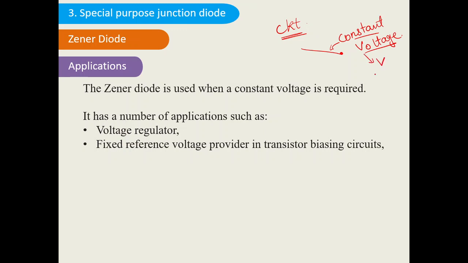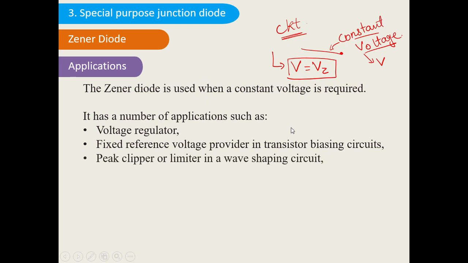Suppose that constant voltage is V. So I can use a Zener diode of voltage V. If I use this scenario, I can provide a constant voltage to any given application or any given component of the electronic circuit. So here it is used to give a fixed reference voltage in transistor biasing circuits.